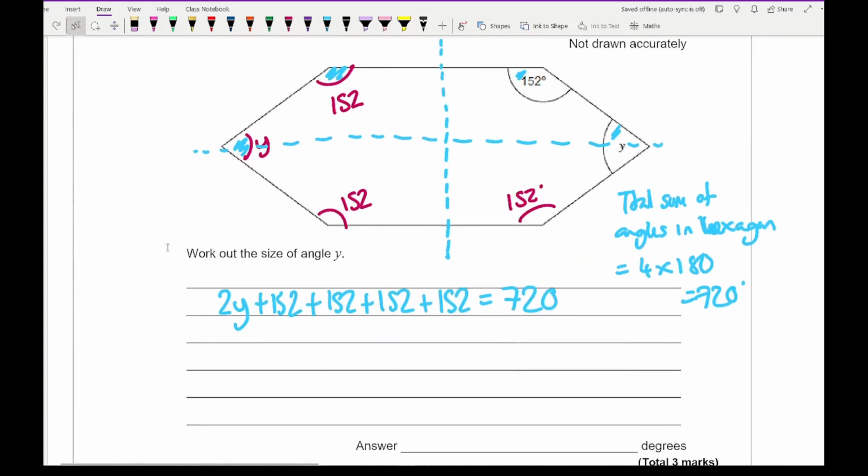Now 152 times 4 is 608, so 2y plus 608 equals 720. So 2y equals 720 minus 608, which is 112. And so y equals 56.